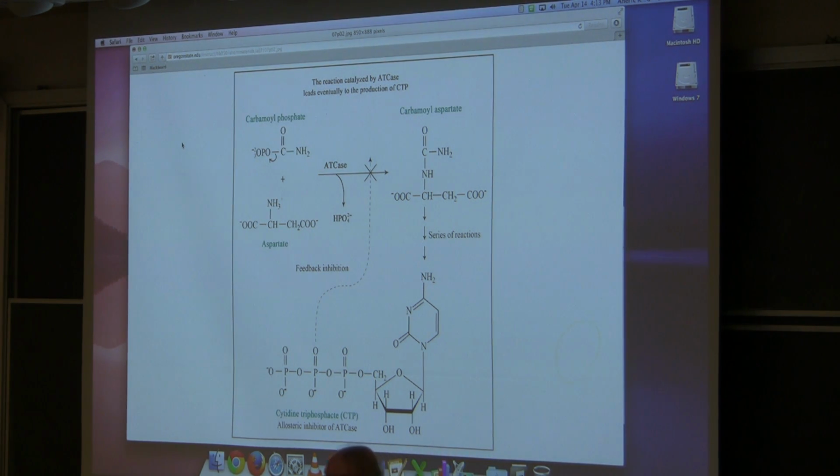If the cell were a total control freak, and by the way, cells do tend to be control freaks, the cell would have a control on every single enzyme in that pathway. And if you think about it, that gets kind of complicated. I've got to control enzyme number 1, enzyme number 2, enzyme number 3, et cetera, and I have to control the last enzyme as well.